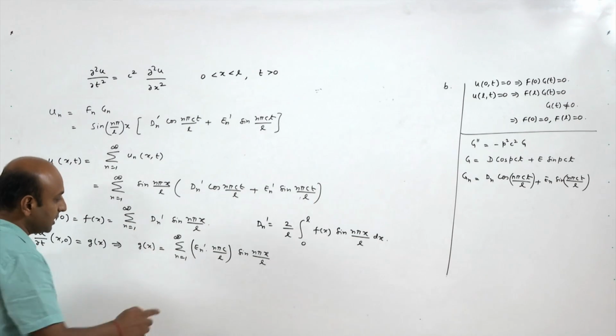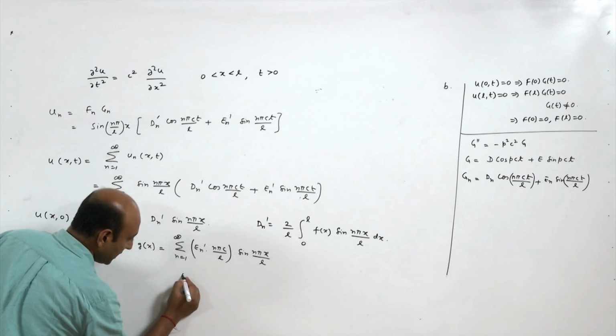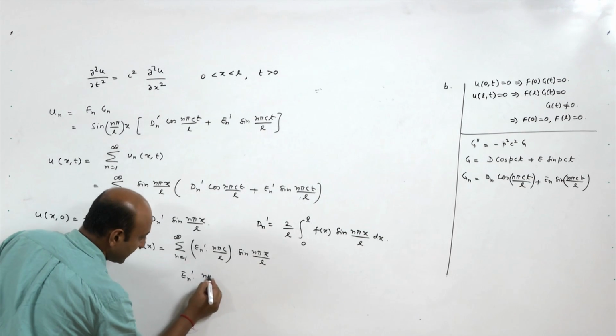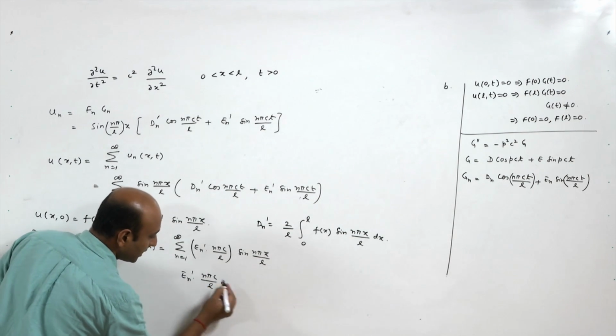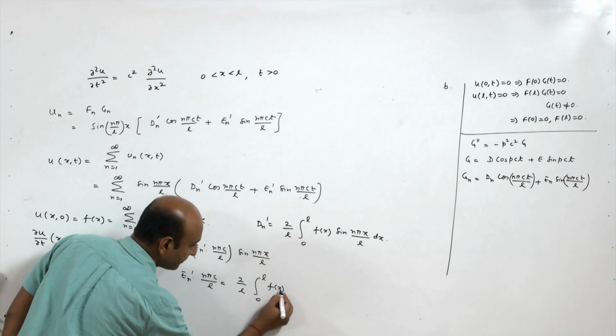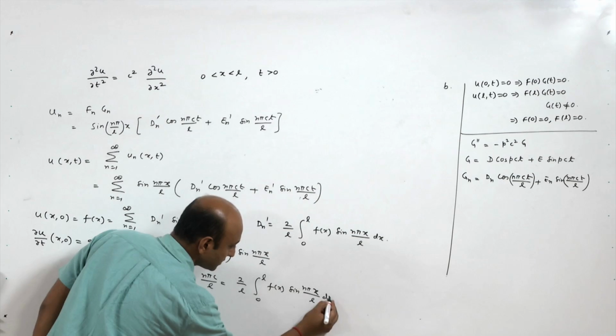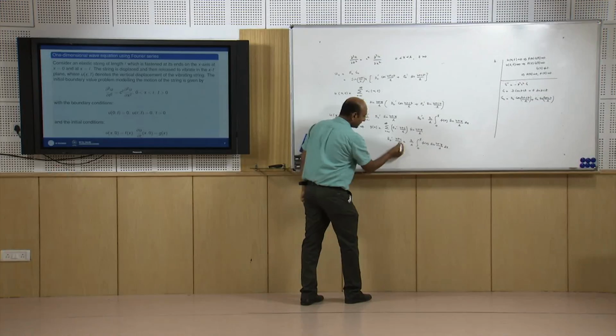So, the constant term, the entire term, this implies E n dash into n pi c upon L will be nothing but 2 upon L integral 0 to L f x sine n pi x upon L into dx. So, L cancels out.